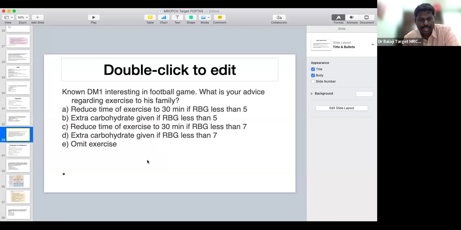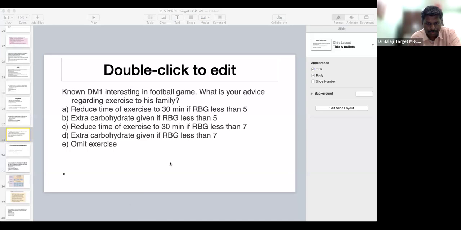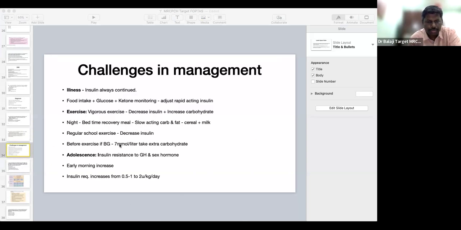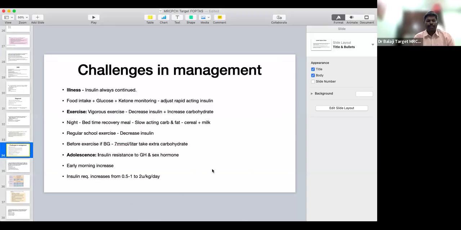And what should be the random blood glucose level when you want to take the extra carbohydrate source? Anybody wants to guess? Okay, I will do it for you, so you can come back again.